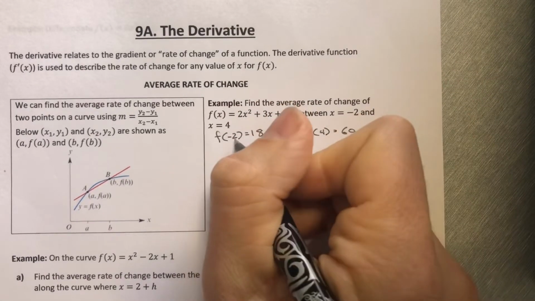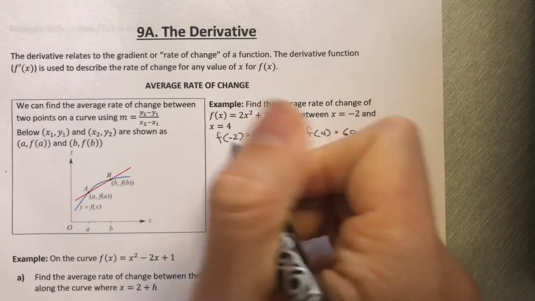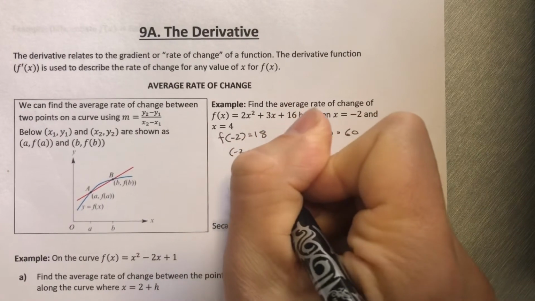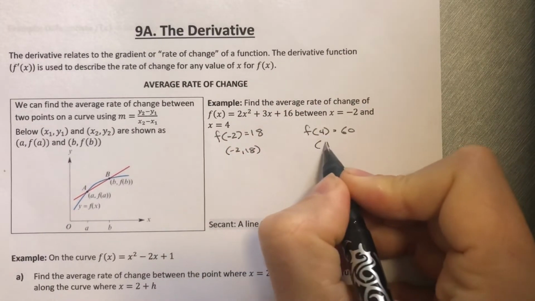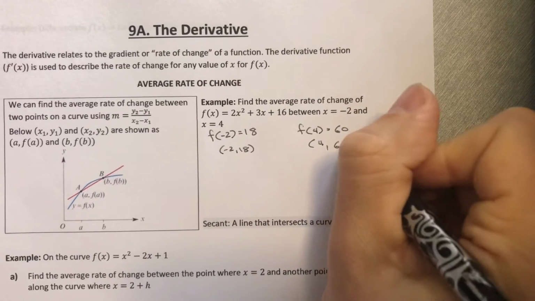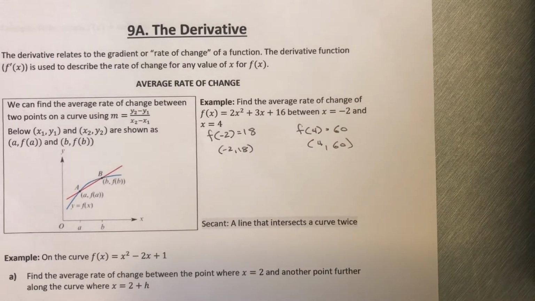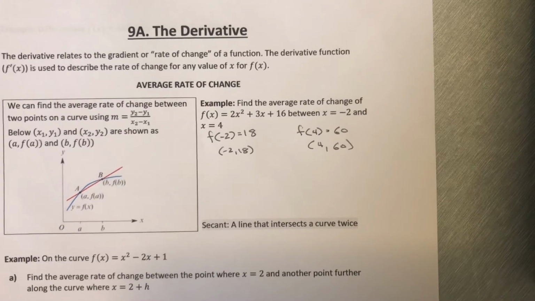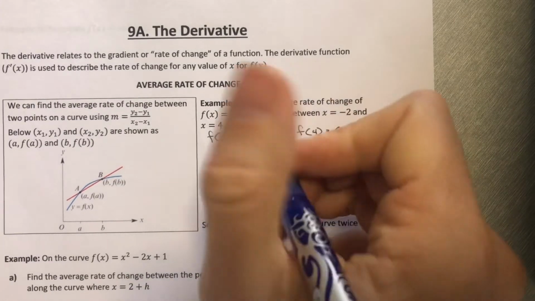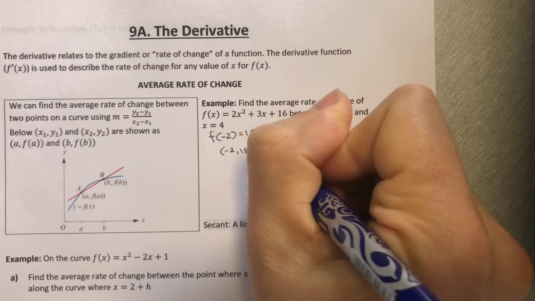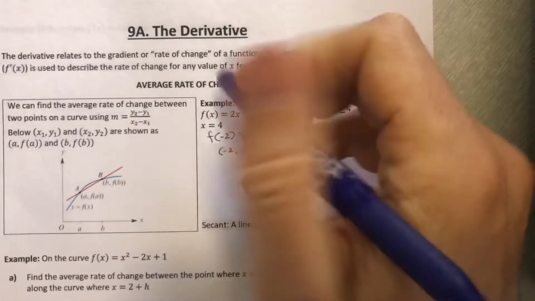So that means when x is -2, y is 18. That's one of our points. And where x is 4, y is 60. That's our other point. So we need to find the gradient between these 2 points. Now remember, we're using this rule. Whoops, it's m equals.